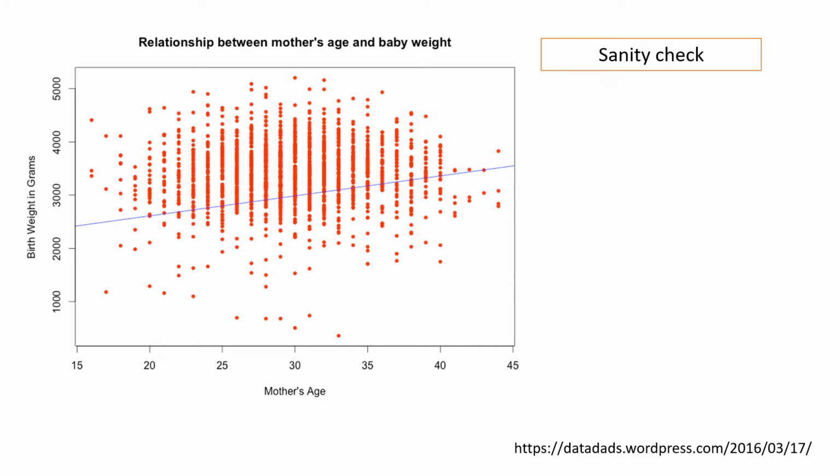For example, you see here data for babies' birth weight and their mother's age at the time of birth. Let's first look at the mothers. There seem to be a few teenage pregnancies and a few mothers over 40. So that seems okay. Birth weights are mostly above 2 kilo, but a few are even below 1 kilo.